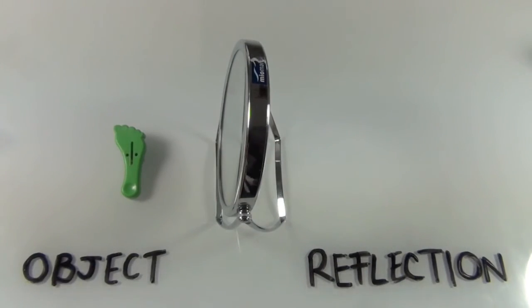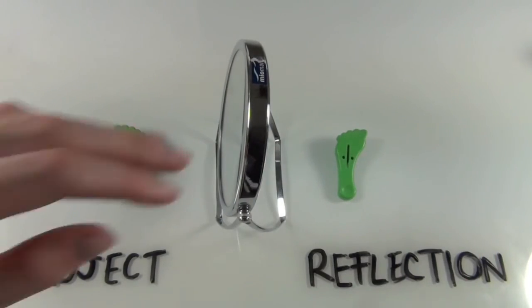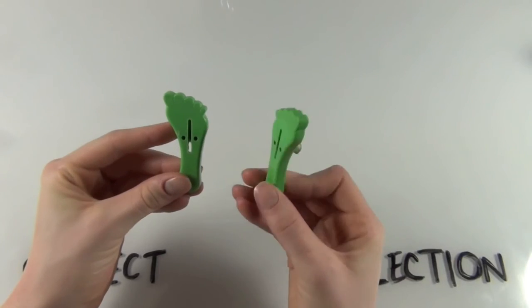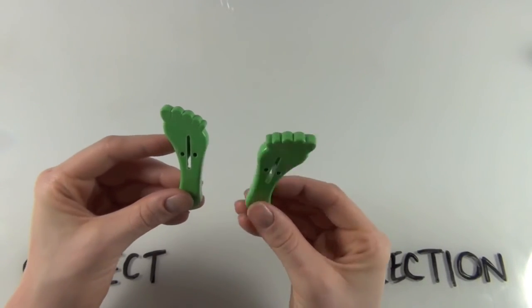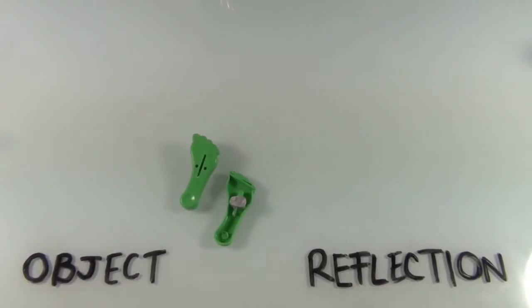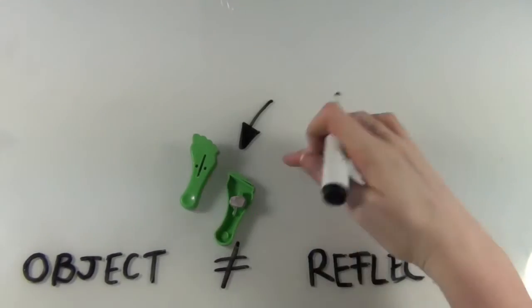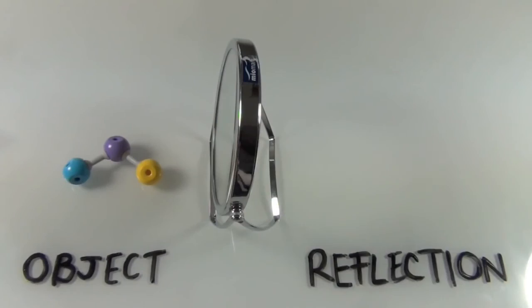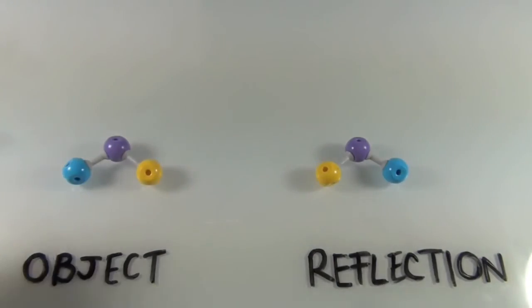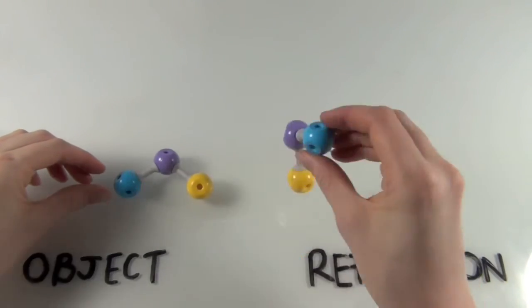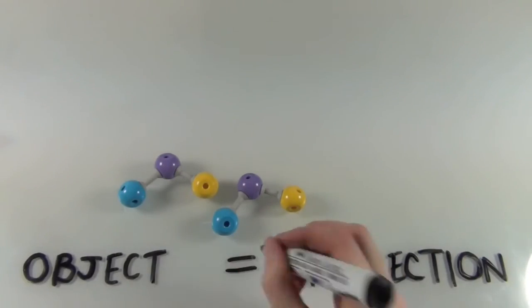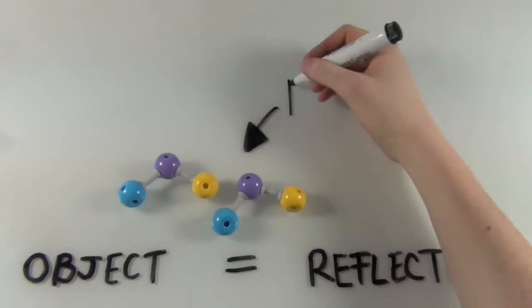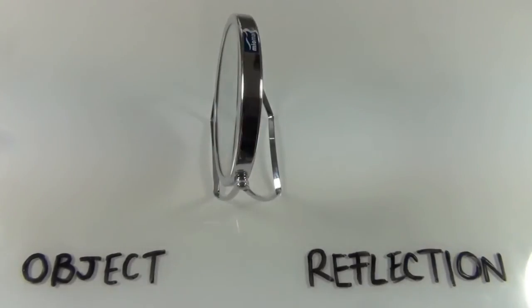So we have another object and its reflection. And there's no way that I can rotate the reflection so that those two objects are the same. So they are chiral objects. Again, we have some made-up molecule. And this made-up molecule is achiral.